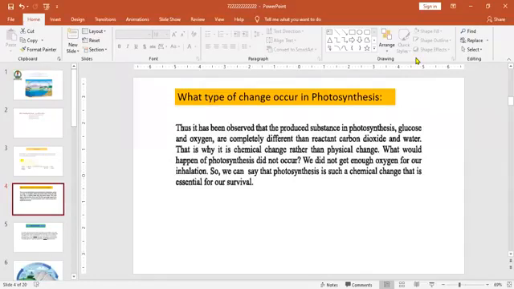You know, the main food of plants is glucose, but oxygen is produced as a byproduct. They are completely different from the reactants, carbon dioxide and water. That is why the photosynthesis process is a chemical change. Okay, because carbon dioxide and water are different from glucose and oxygen.